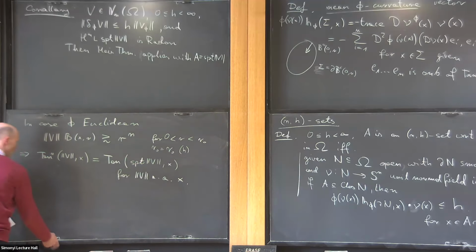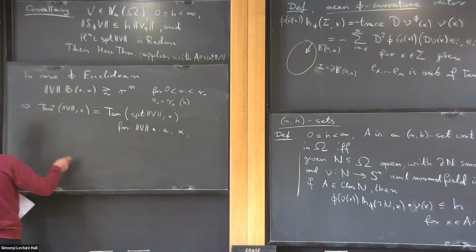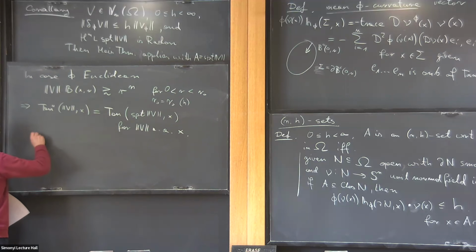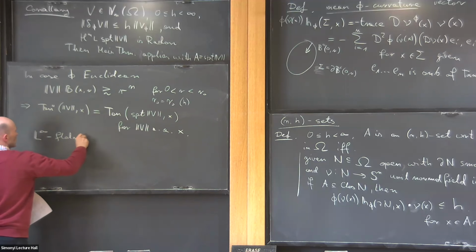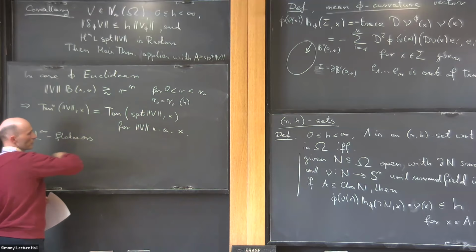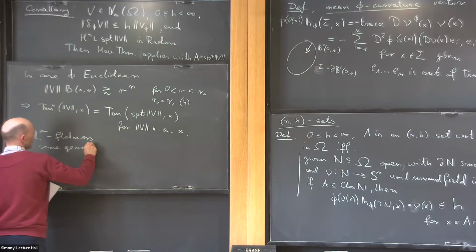And there is this classical theorem by Allard, 1972, which I will state in an oversimplified way. Assume L infinity flatness, which is that in small scales you are close to the tangent plane, plus some generic conditions.